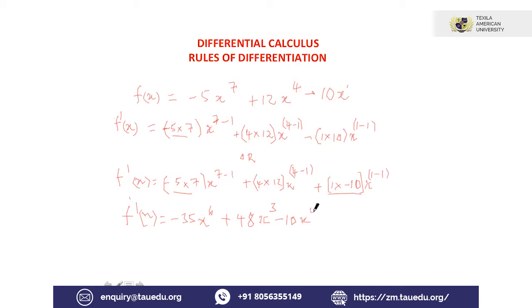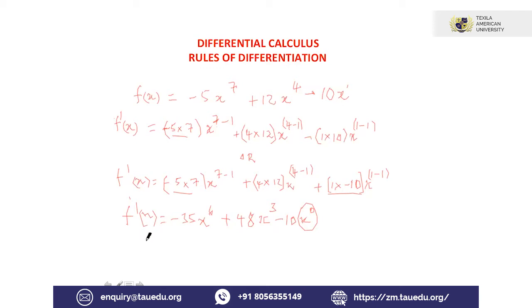Now, there is a rule from primary school which says a variable or a constant that has a power of 0 gives you the result 1. So x to the power of 0 is 1. Now, remember, if this whole thing is 1, 1 times negative 10 will give us negative 10.